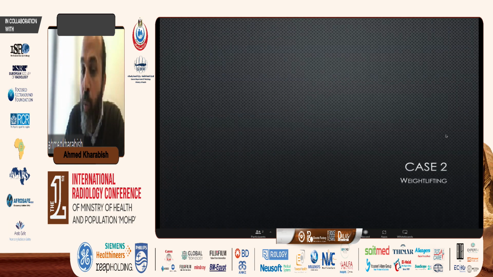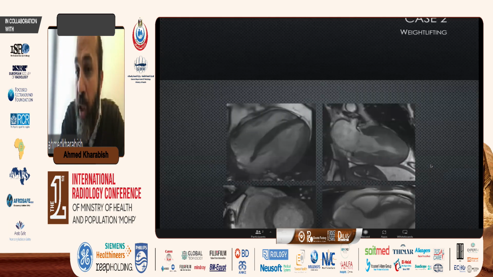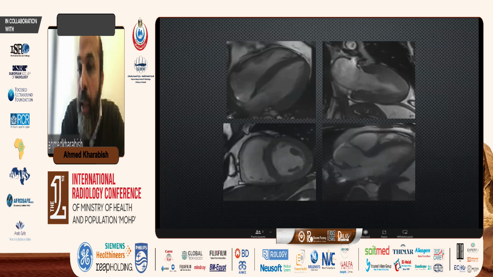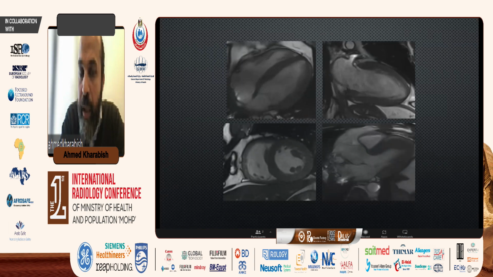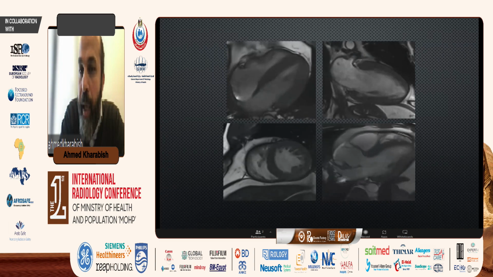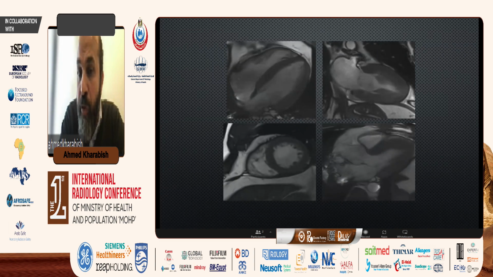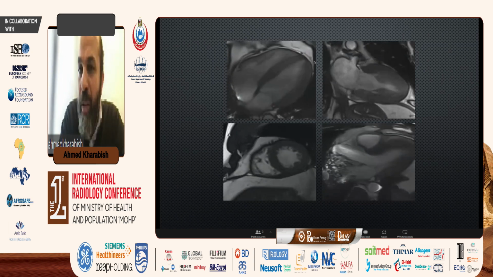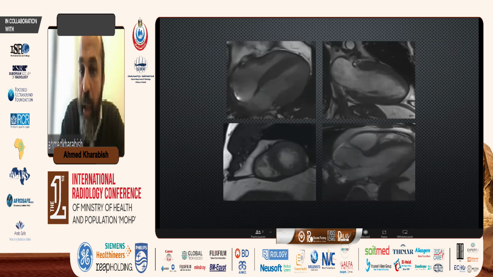A second case was a professional weightlifter, and as you can see on the cine images, there is marked hypertrophy, which is expected in this type of sport. A low normal or maybe mildly reduced ejection fraction.